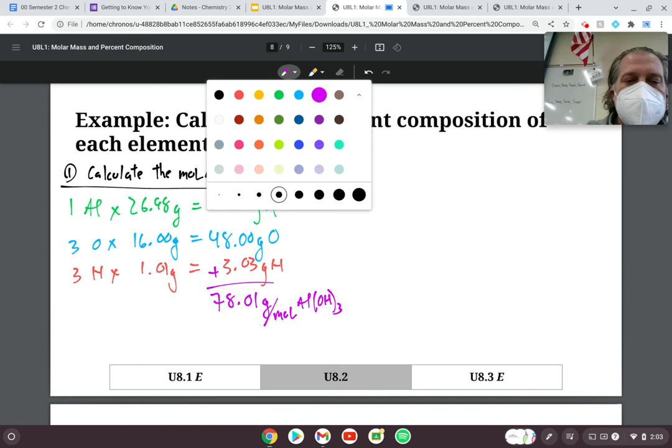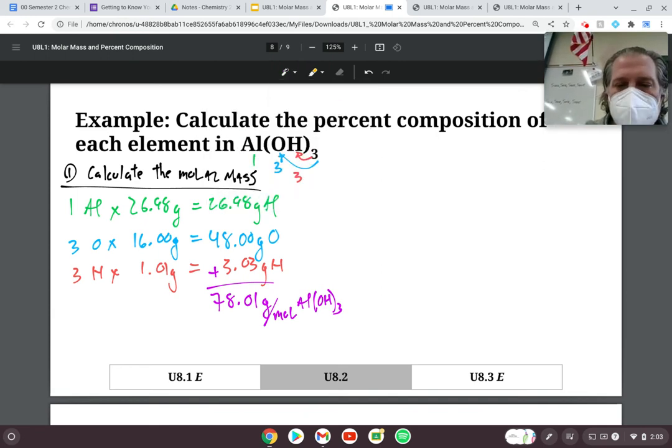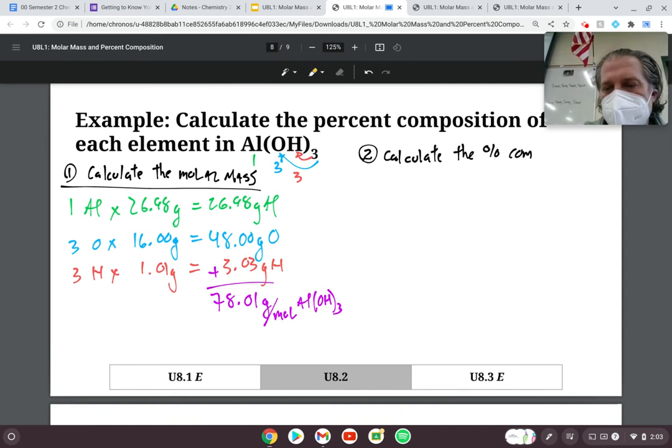Step 2. Calculate the percent composition of each element.